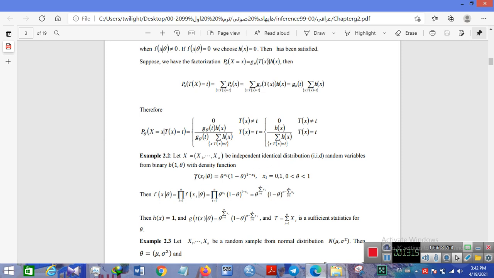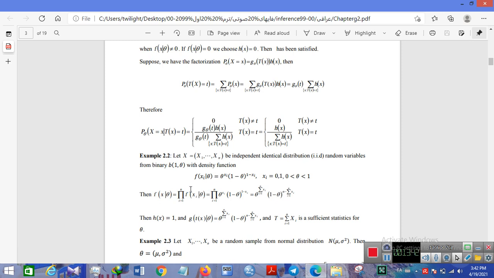So this is a density function, and f(x | theta) is the product of f(xi), because of the independence of X1 to Xn.